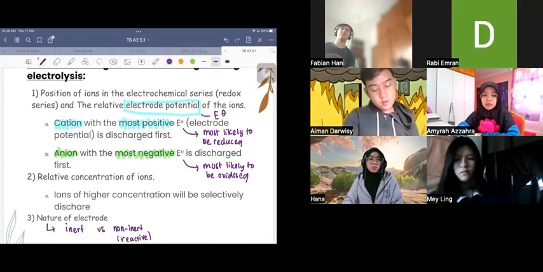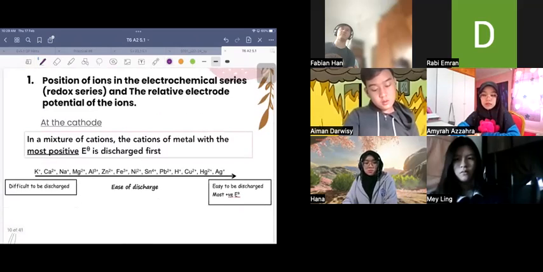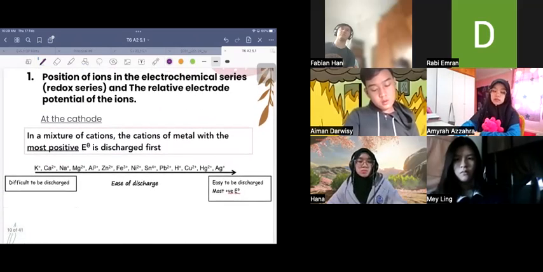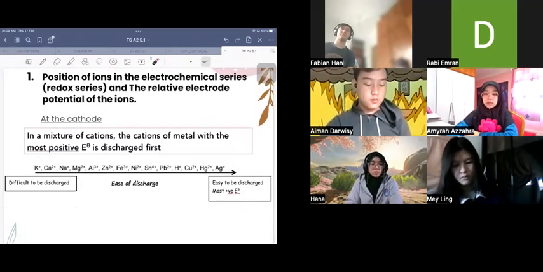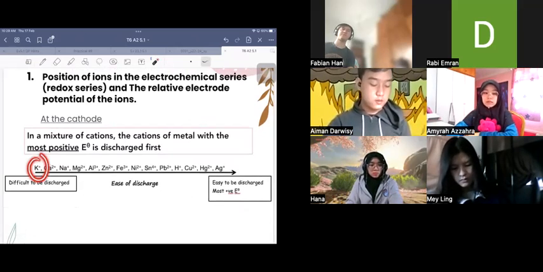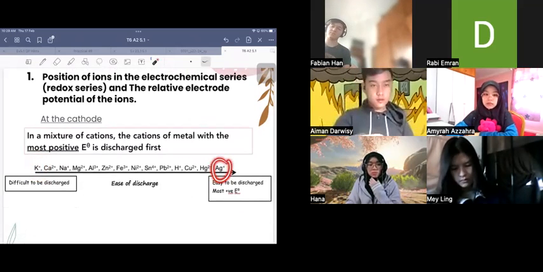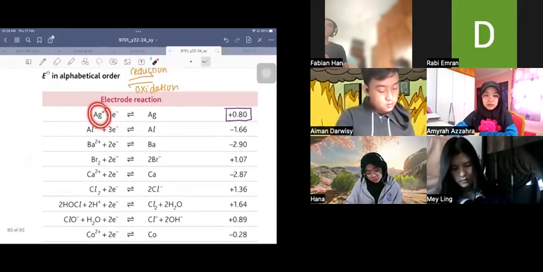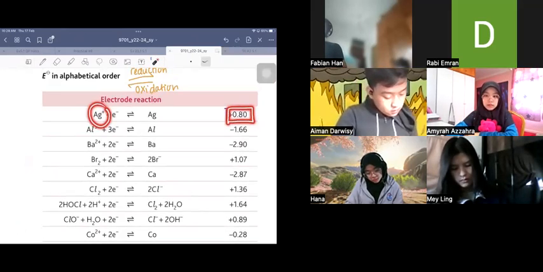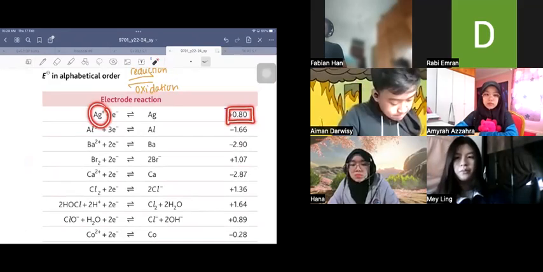Moving on to the next one, which is basically what I just went through with you. Here's a list of cations, arranged from the most difficult to be discharged to the easiest to be discharged. Look at silver, it's got an E note of positive 0.80. That means it likes to be reduced.